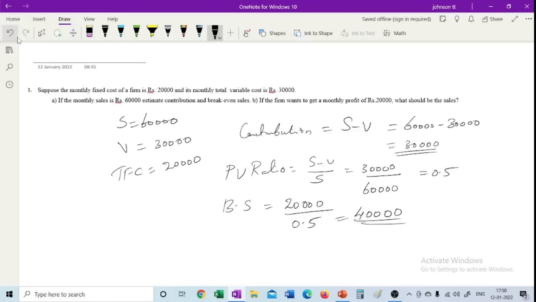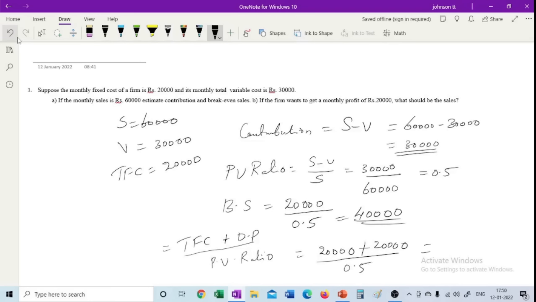So we have a formula for that. The sales to earn a desired profit is equal to TFC plus desired profit divided by PV ratio. So here the TFC is equal to 20,000 plus desired profit is equal to again 20,000, that divided by 0.5.